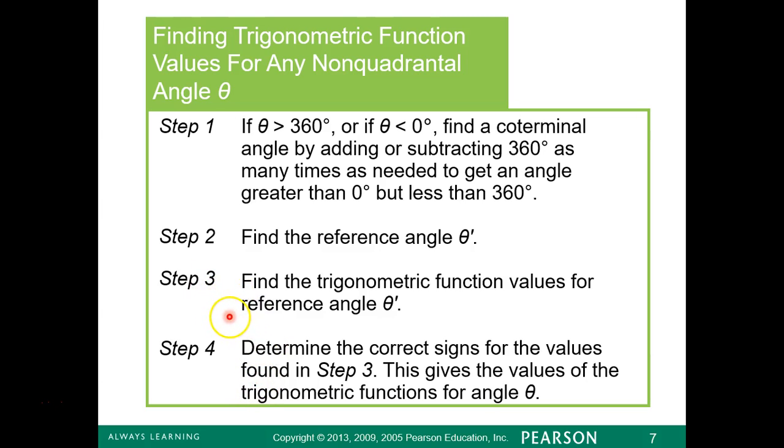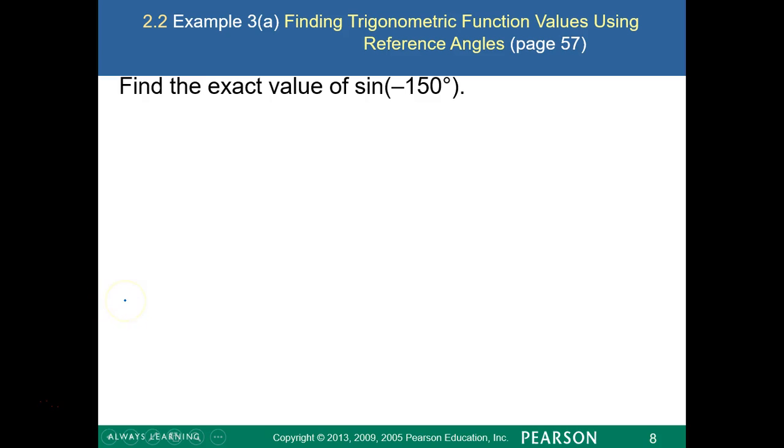That's why you want to know what quadrant your original angle lies in, so you can find the correct signs for all of your trigonometric function values. So follow these 4 steps and you'll be good on finding the 6 trigonometric function values for non-acute and non-quadrantal angles.